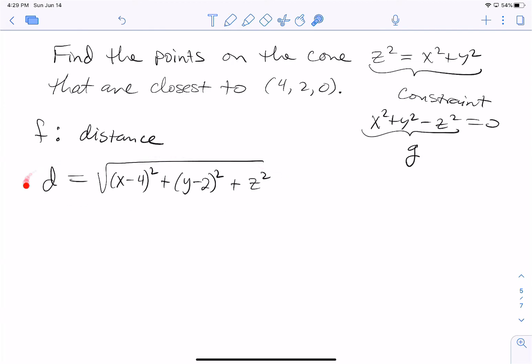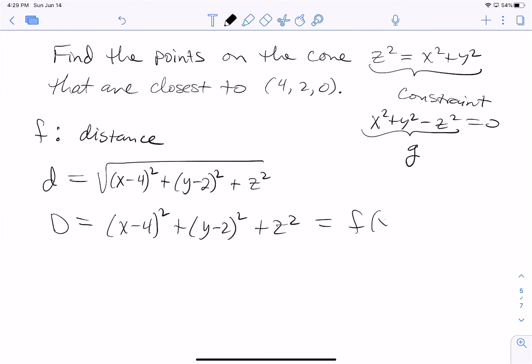Minimizing a distance is the same thing as minimizing the square of the distance, so we square both sides, and we get uppercase D this time is equal to x minus 4, the quantity squared, plus y minus 2, the quantity squared, plus z squared. I'm only using an uppercase D to distinguish it from the lowercase d that we used when we wrote down the distance. Folks, this is our function f of x, y, z.